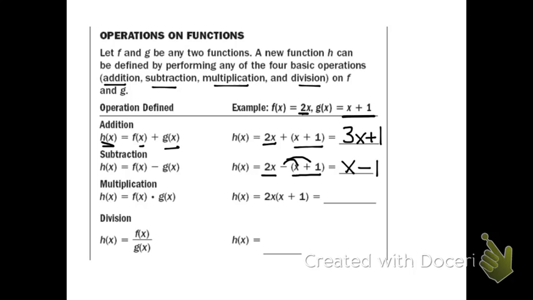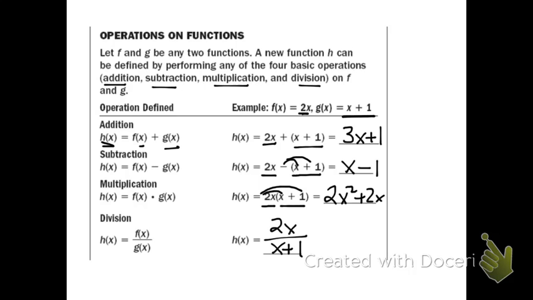You could also multiply functions together to make a new one. If you multiplied f of x and g of x, you'd have to distribute 2x times x and 2x times 1. Creating 2x squared plus 2x. And then finally, division. If I were to do f of x over g of x, I'd get 2x divided by x plus 1.